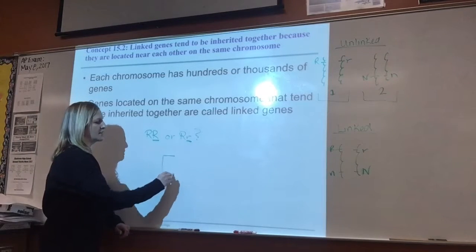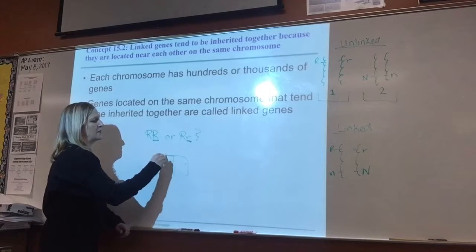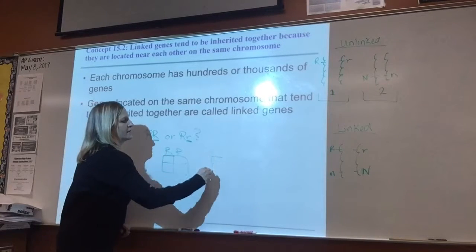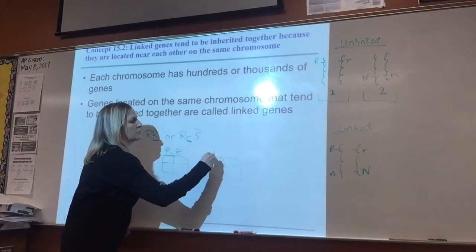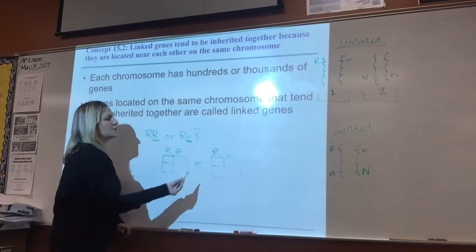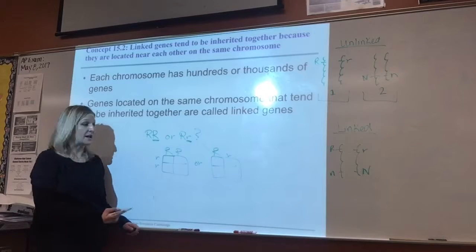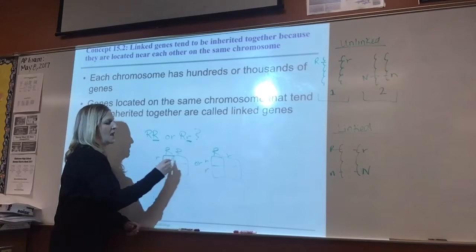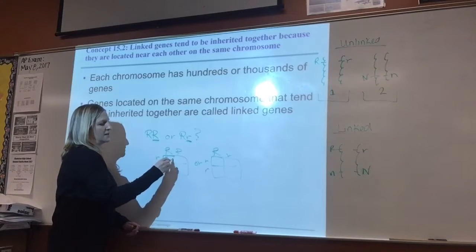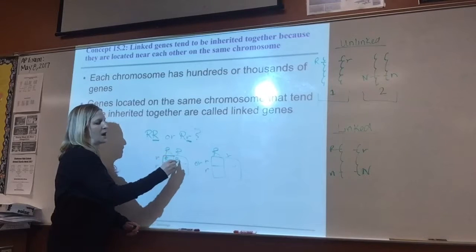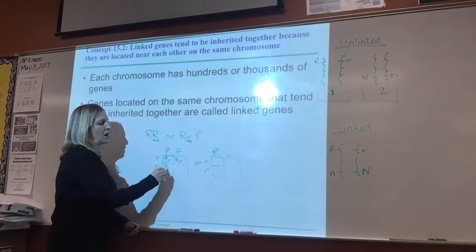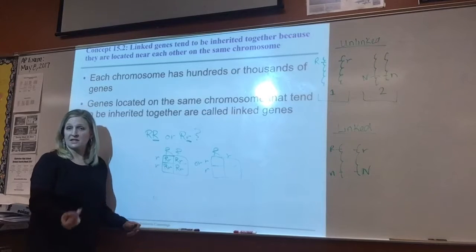So a test cross is performed because we don't know if they're big R, or big R, little r. So what you do is you cross it with a homozygous recessive individual, and if the individual is big R, no matter how many kids you have, you'll never get a recessive kid.